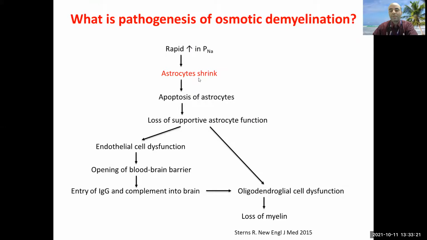We saw the astrocyte before in the first presentation. Apoptosis of astrocytes causes loss of supportive astrocyte function and endothelial cell dysfunction, opening of the blood-brain barrier, entering of immunoglobulin G and complement into the brain, oligodendroglial cell dysfunction, loss of myelin, and central pontine myelinosis at the end.